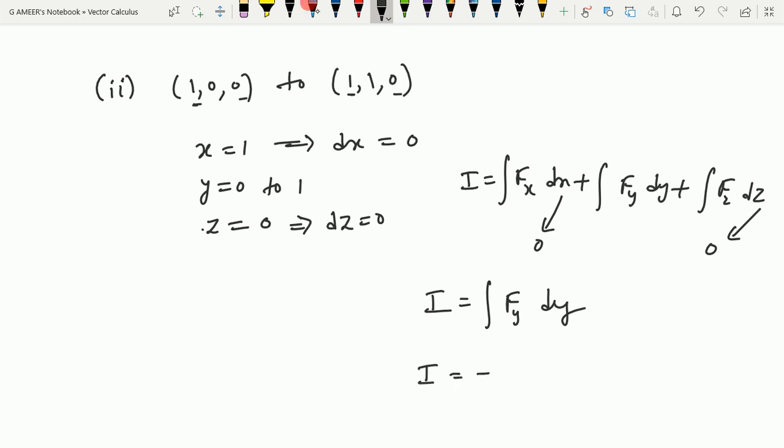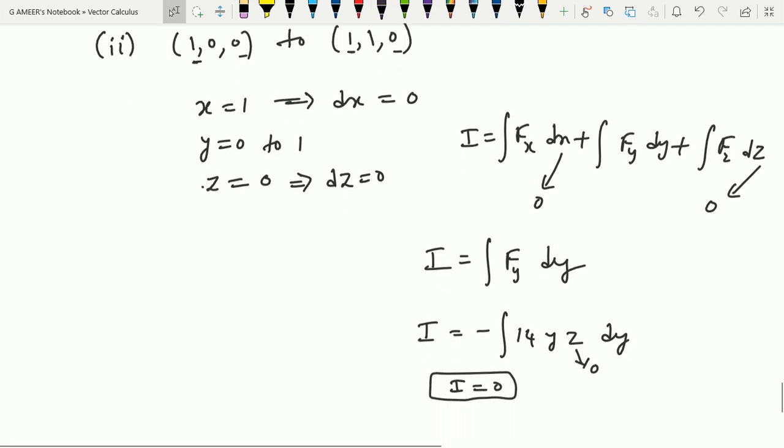Okay, so minus 14yz into dy, but z is 0 here. So if I put z is 0 here, this entire integration will become 0. So the answer for this integration is 0.